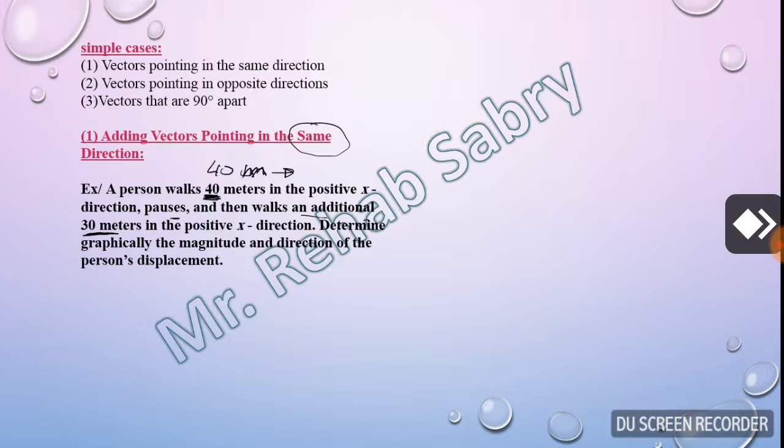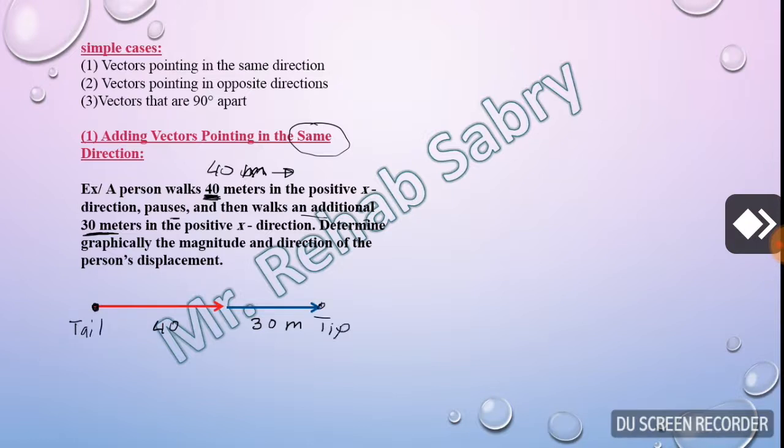Imagine I'll sketch the first, not the first, but the second vector. This is 30 meters. Mister, you begin with the second? Yes. Why, mister? Because the sequence is not important. This is the 40. So we have a tail and a tip.